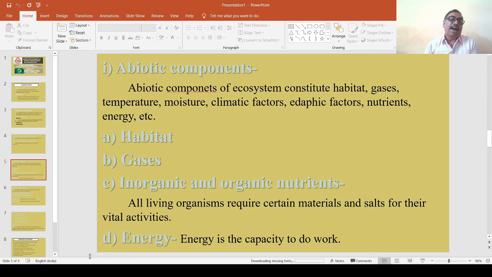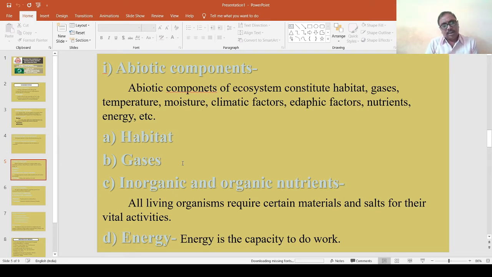In this way, the habitats are broadly divided into two types. These are terrestrial habitats and aquatic habitats. Then another important abiotic component of ecosystem structure is gases. All organisms require certain gases in order to live, and these are useful for the survival of the biosphere.